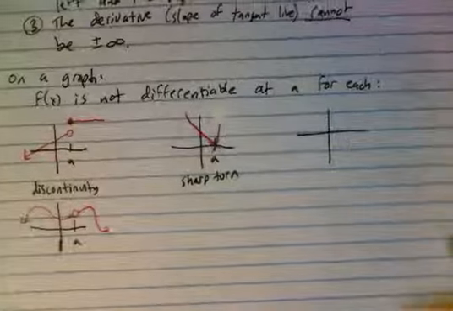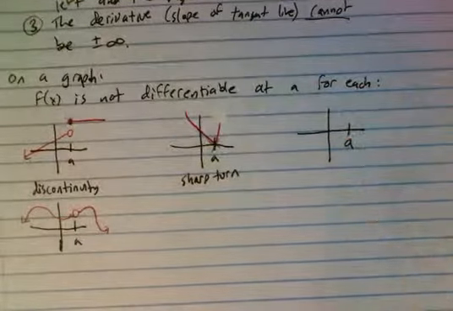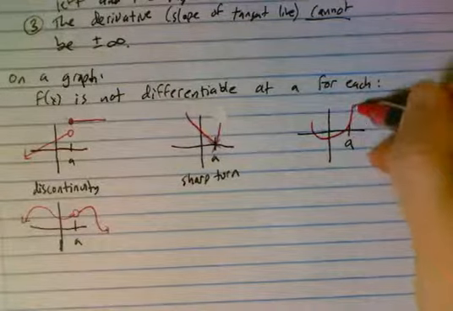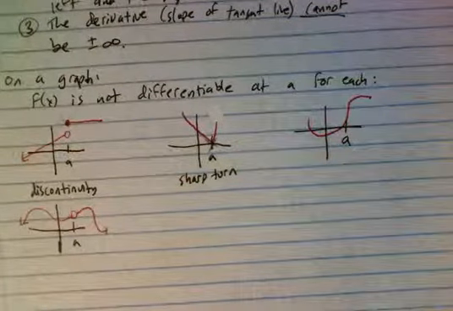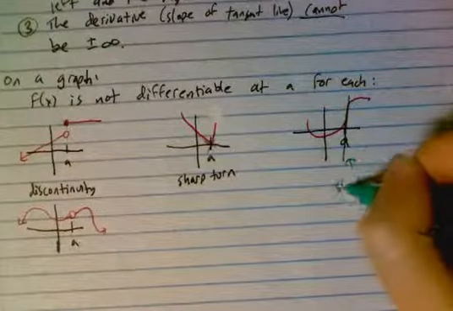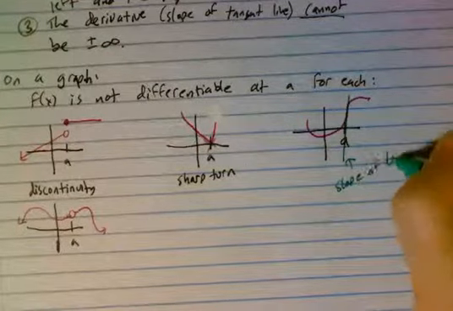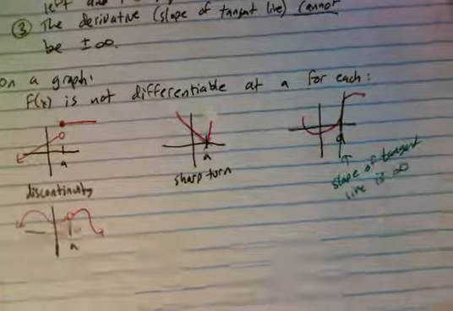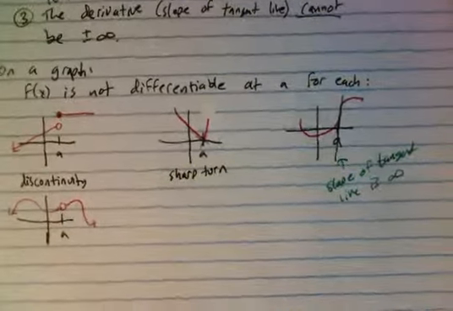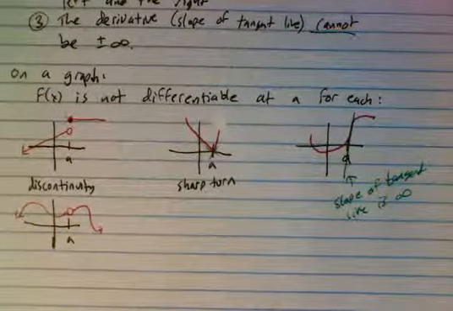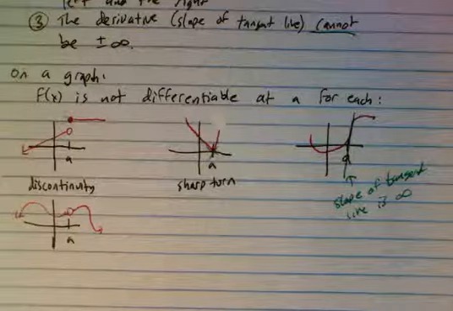The final non-differentiable point at A is this one. Here, the slope of the tangent line is infinity. And the reason this is a problem is because this infinitely sloping upward tangent line is caused by a rise over run where the run is 0.